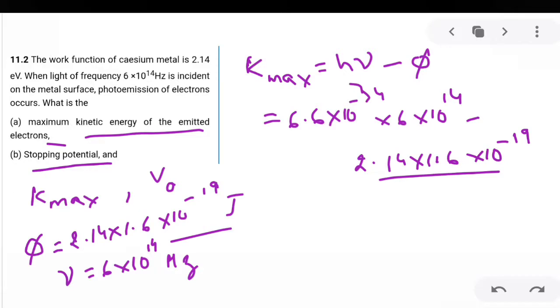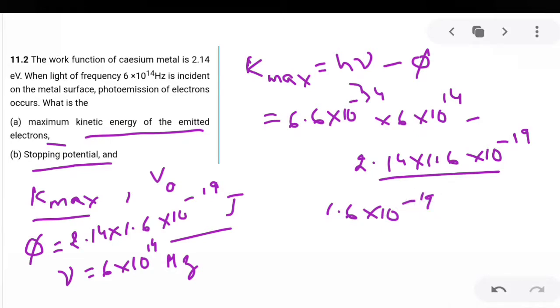Now suppose you have to express the answer in electron volt. If you wish to express K max in electron volt, you divide the entire quantity by 1.6 into 10 power minus 19.